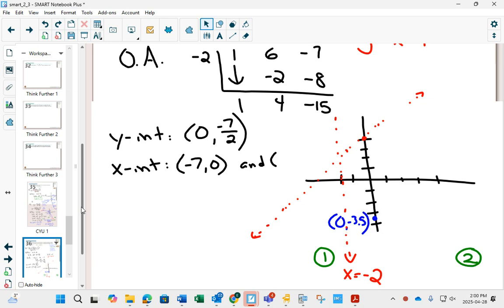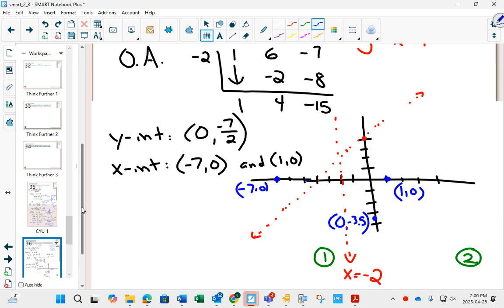Okay, I'm sorry. So we have an x-intercept at 1, 0, and 1, 2, 3, 4, 5, 6, 7, negative 7, 0.